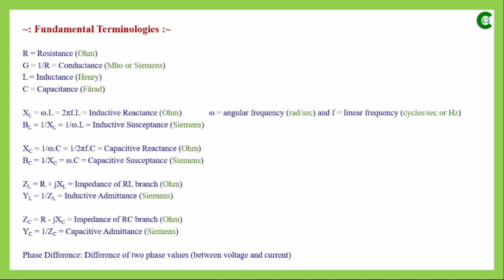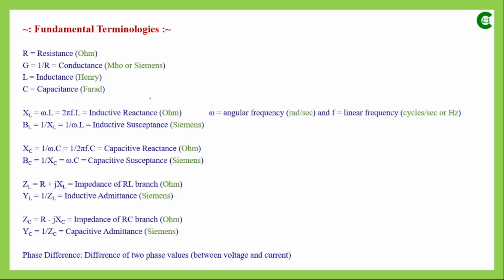Now we have another AC component in the AC circuit, which is the capacitor, and capacitance is that property of a material by virtue of which we measure the capacity of that material to store electrical energy or electrical charges in it.